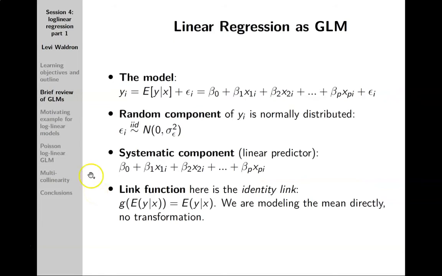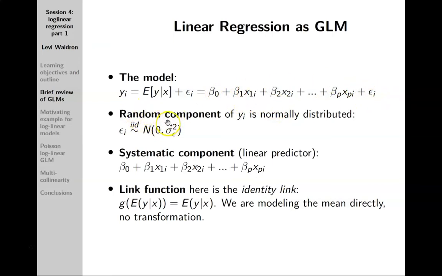In linear regression, the model looked like this, where individual values of y, where it was continuous, was equal to this systematic component, the expected value of y conditional on x, plus the residuals, or written out fully, it was this linear predictor, the betas times the predictors, plus the residuals.